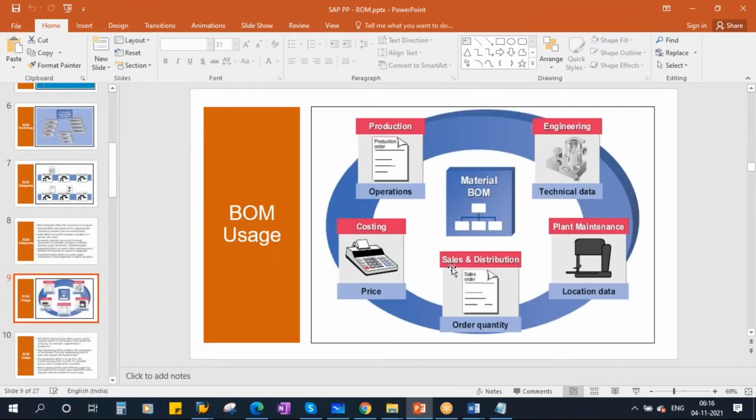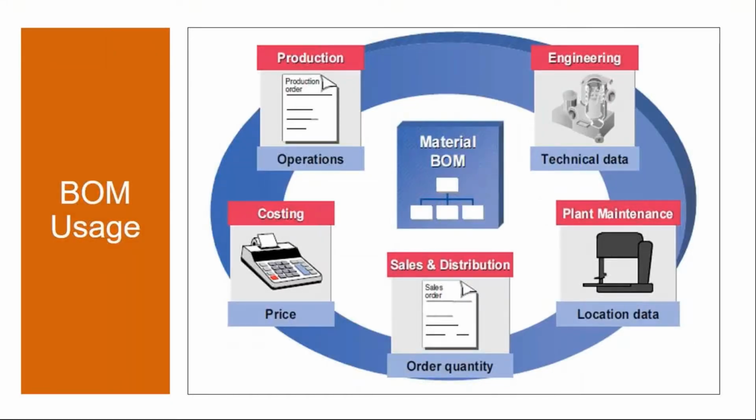Now we will talk about BOM usage. We are going to use material BOMs. We are going to create a BOM for a material, but where is this material BOM used? In which area of the company is it used? Whether in production, in costing to calculate the production cost, in the SD area, in plant maintenance, or in the engineering department.